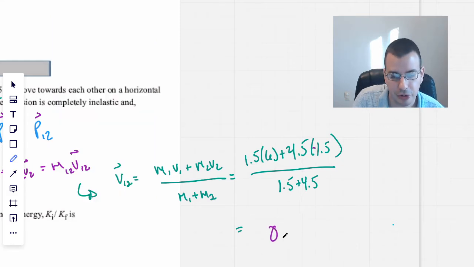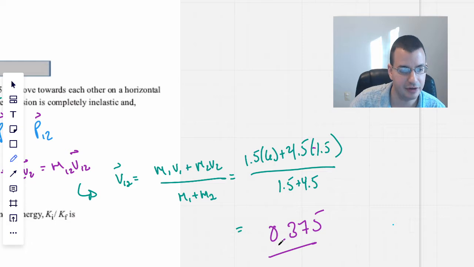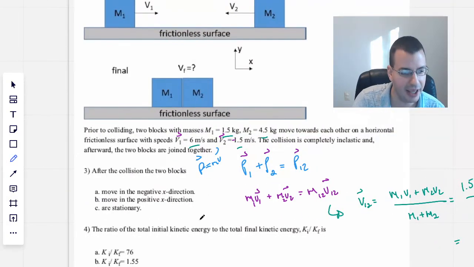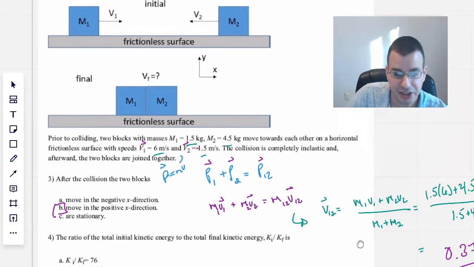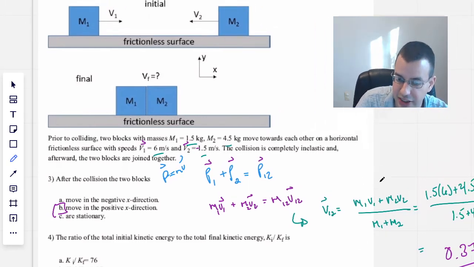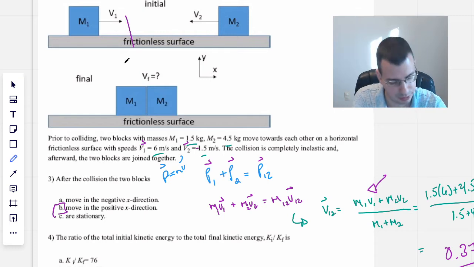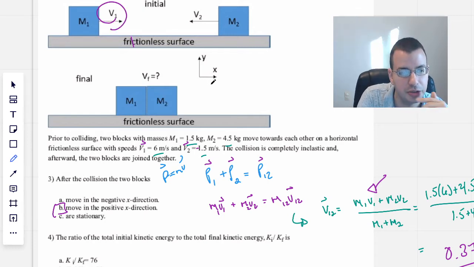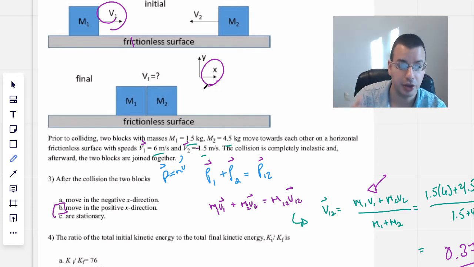That gives us 0.375. And specifically, this answer is positive. Positive implying a positive x direction. Actually, positive implying it's the same direction as v1. And v1 is moving in the positive x direction, so yes, it is in the positive x direction.